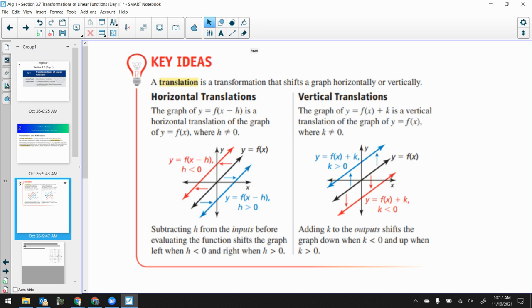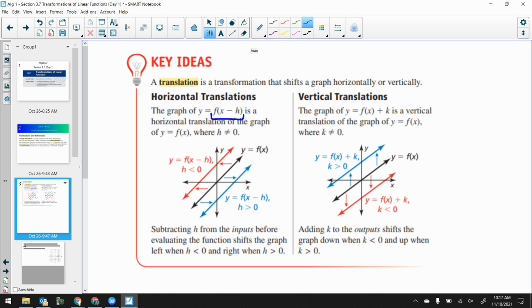So say we had our f of x here. Here's our equation, y equals f of x. If I shift it to the left or to the right, what happens is I'm changing the x value, right? I'm changing the input. I'm not changing anything up or down. I'm not changing the y value. All I'm doing is just shifting those coordinates left and right, which is only changing the input value. So you're going to see this type of notation where I have f and then inside the parentheses an x plus or minus.